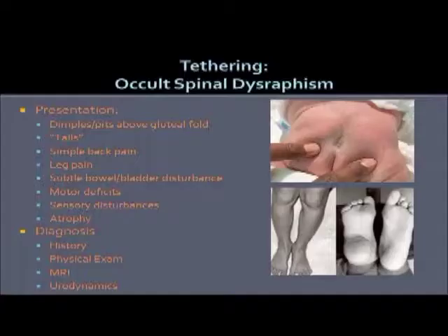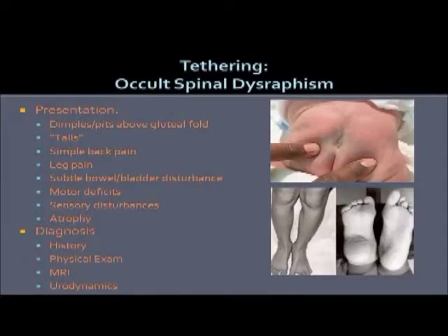So oftentimes when we're seeing patients who may have non-classic Chiari symptoms and fit into this category, we're going to be looking at the imaging critically to see if there's a low-lying spinal cord. They can have leg pain, bladder disturbances, motor deficits, sensory disturbances, sometimes atrophy in the legs. Again, these are uncommon findings in the setting of Chiari, but are sort of the red herring things that we want to look for. And the way we figure this out is by the history, physical exam, most commonly the MRI, and sometimes with urodynamic testing.